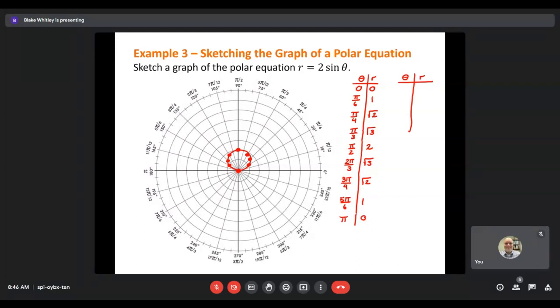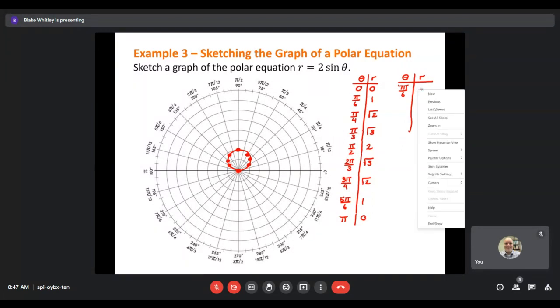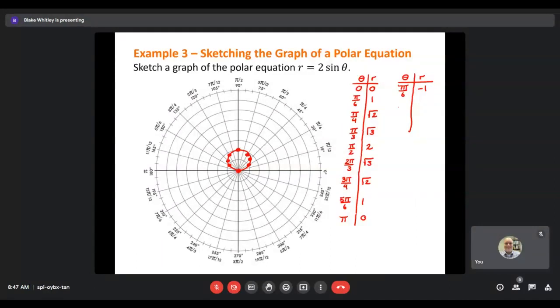Okay, so my next point, working into that third quadrant, 7 pi over 6. So the sine at 7 pi over 6, because we're in the third quadrant now, is going to be a negative 1/2. 2 times negative 1/2 should give us negative 1. Then we've got 5 pi over 4.